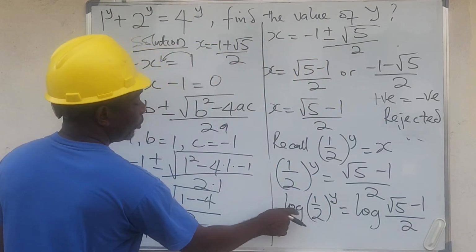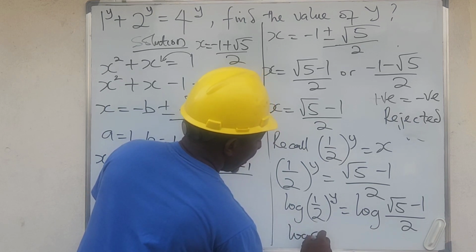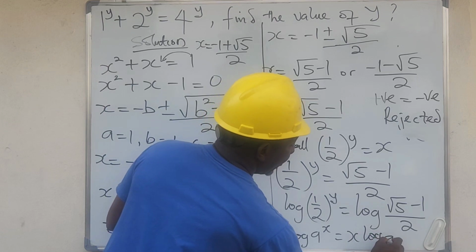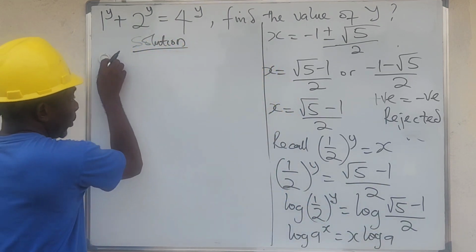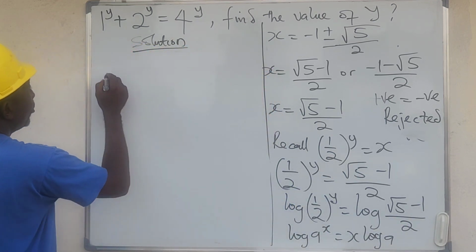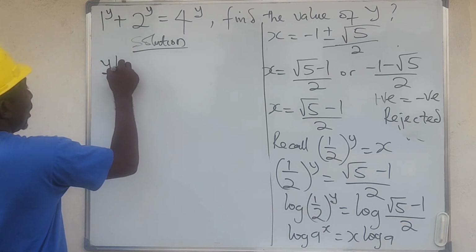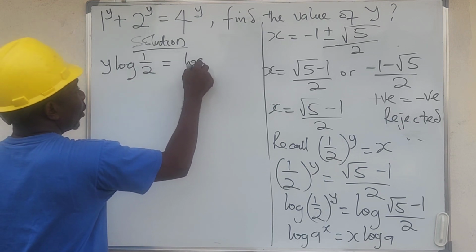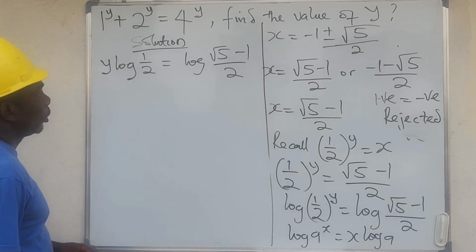So here, we recall when we have log a raised to the power of x, it is the same thing as x log a. So this one can move to this other side. So by substituting this, here will become y, because this y will move to this other side, log 1 over 2 equals log root 5 minus 1 all over 2.